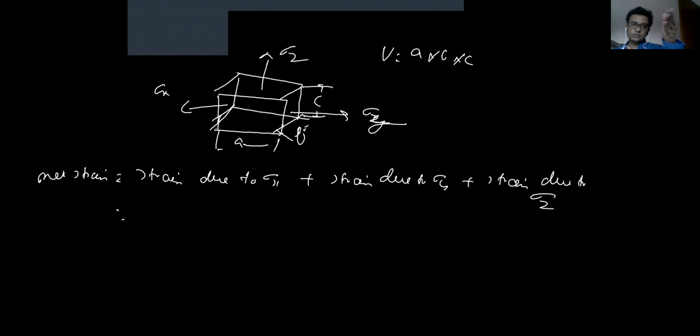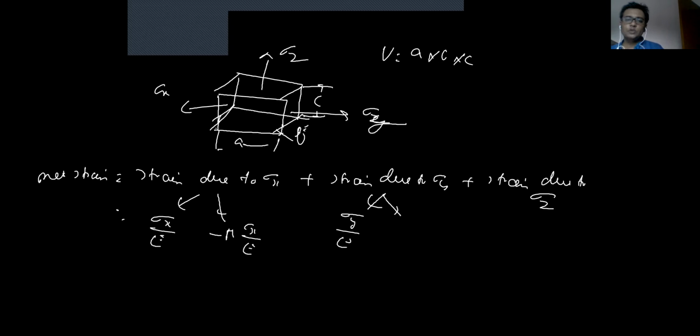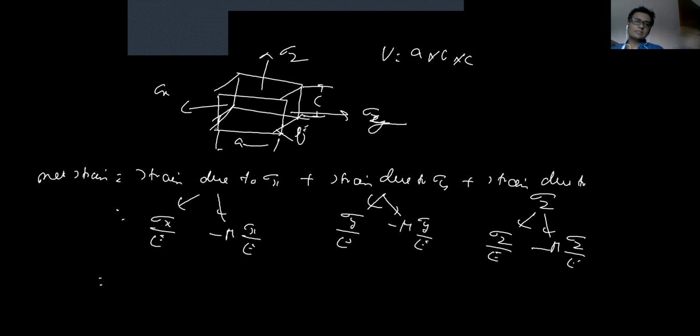Now strain due to sigma x in the linear direction is sigma x upon E. Strain due to sigma x in the lateral direction is minus mu sigma x upon E. Strain due to sigma y in the linear direction is sigma y upon E, and strain due to sigma y in the lateral direction is minus mu sigma y upon E. Strain due to sigma z in the linear direction is sigma z upon E, and strain due to sigma z in the lateral direction will be minus mu sigma z upon E. We will get them all summed up, right?